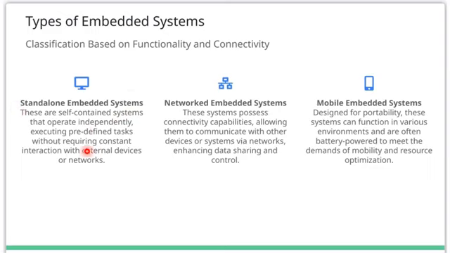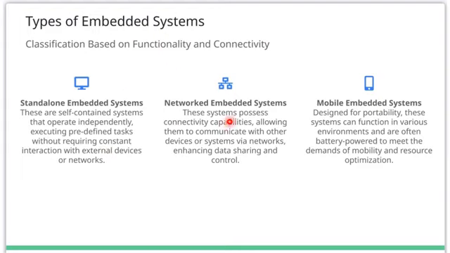These are self-contained systems that operate independently. It isn't connected with other embedded systems. Some predefined task is already scheduled in the main processor or core, without requiring any constant interaction with an external device or network. Standalone systems.